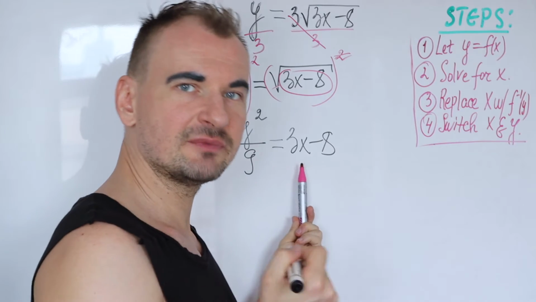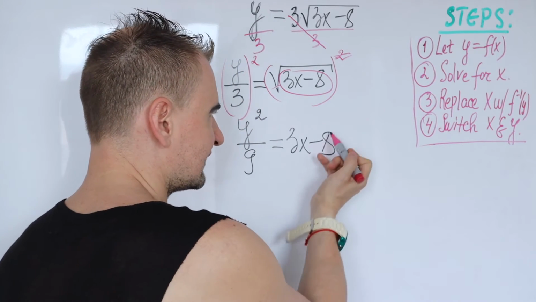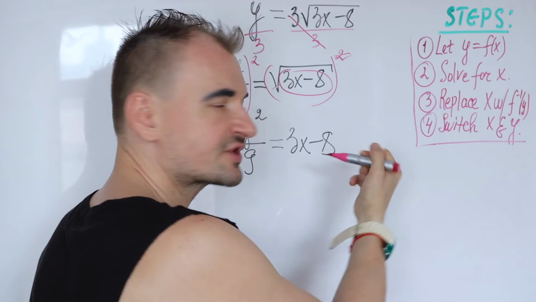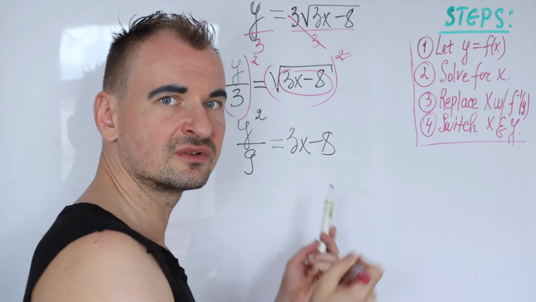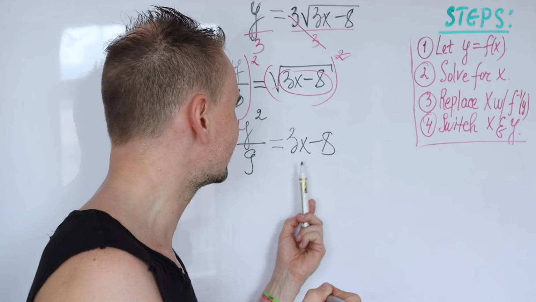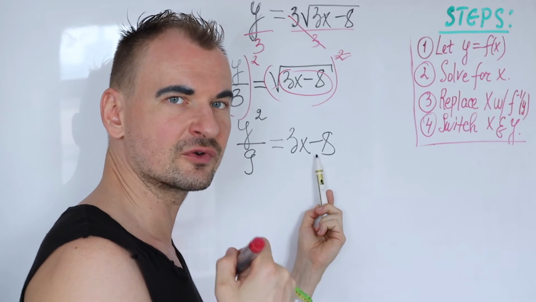Now, since we're aiming for x, we want to get x alone. This negative 8 is next to it, and we want to eliminate it, so we need to do the inverse operation.